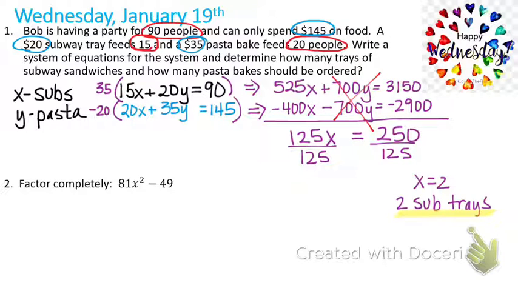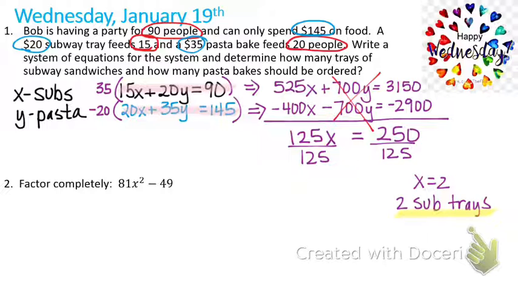How many pasta trays? So I would go back to one of these equations here. So I would use, instead of the ones with the big numbers that we multiplied, let's use one of these. Okay, so let's use the top one.